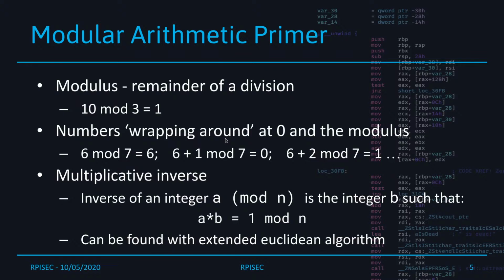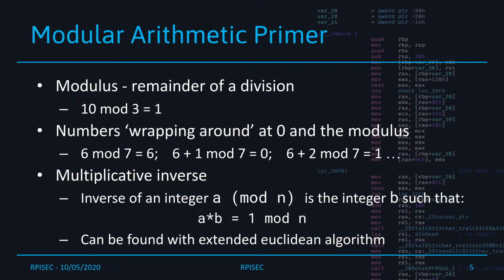So before we get into the main topic for today, which is the Diffie-Hellman key exchange, I just wanted to do a brief, basic overview of modular arithmetic. It was covered a little bit last week on Monday when I did the classic crypto talk, but basically when you modulus something by another number, you're basically taking the remainder of a division.